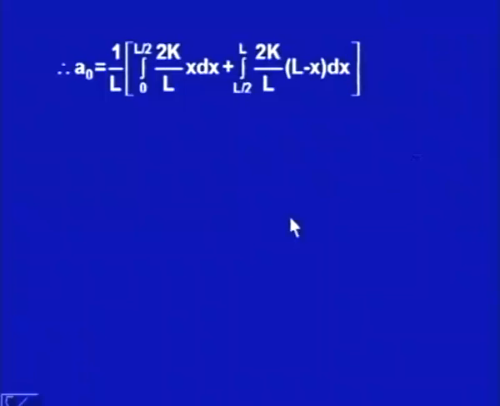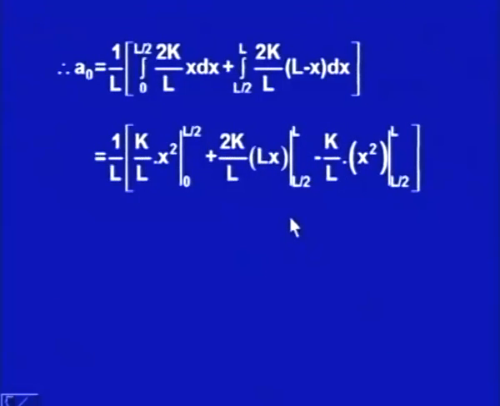Now, integrate it out, you will get this integral as k by L times x square, since the integral of 2x is x square.